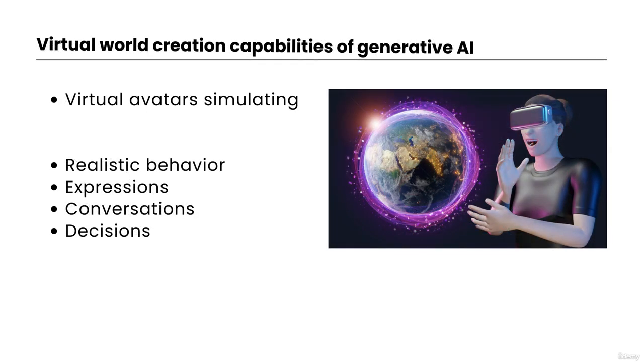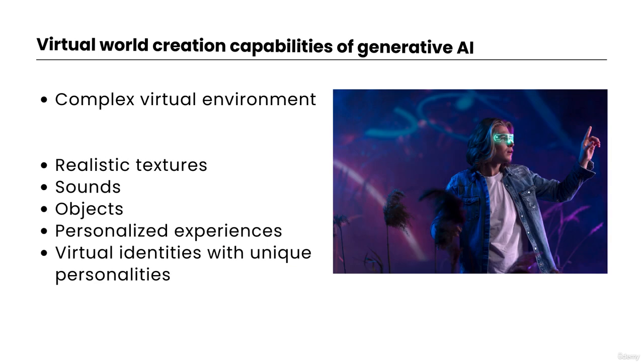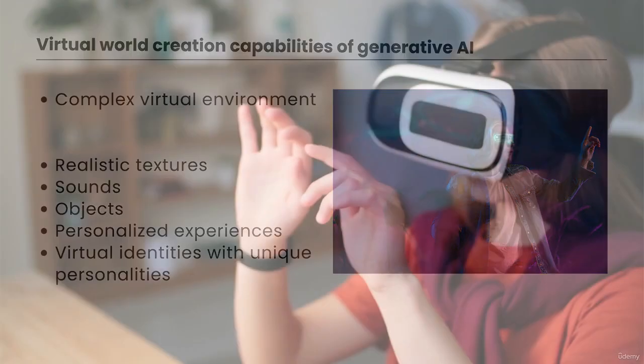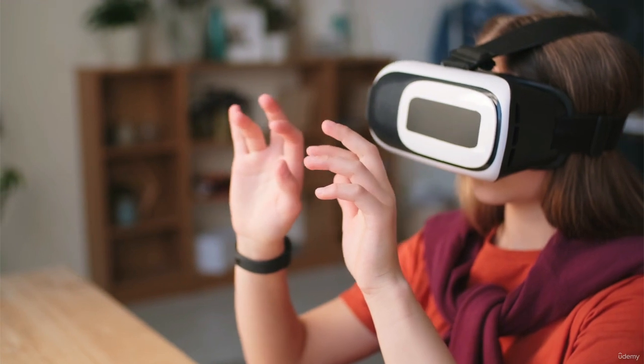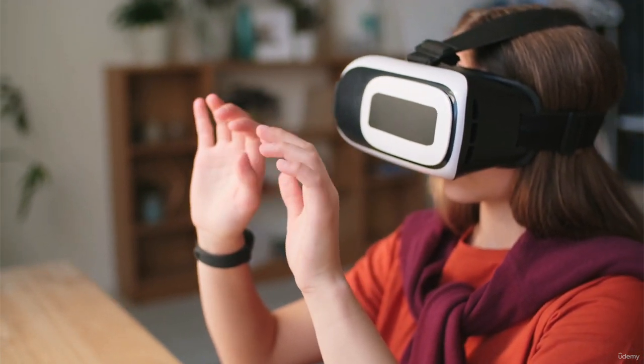Another powerful capability of generative AI models is their ability to create highly realistic and complex virtual worlds. You can create avatars that simulate realistic behavior, expressions, conversation, and even decisions. You can also create complex virtual environments with realistic textures, sounds, and objects that follow the same principles as the physical world, or our Earth. Metaverse platforms use generative models to create unique and personalized experiences for their individual users.